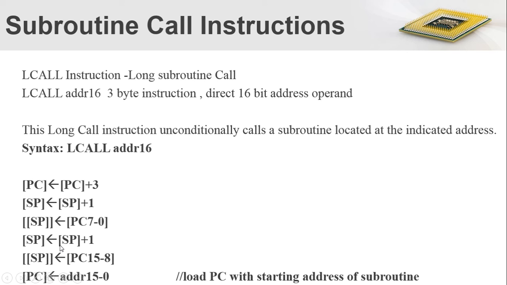Again increment the stack pointer by 1 and load the higher byte of the program counter onto the stack top. Next, we load the program counter with the 16-bit target address of the subroutine body, which is available in this instruction. Okay, so this is the case of the LCALL instruction.